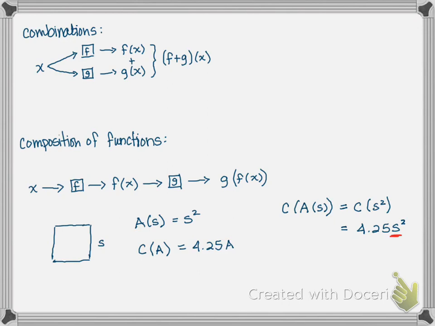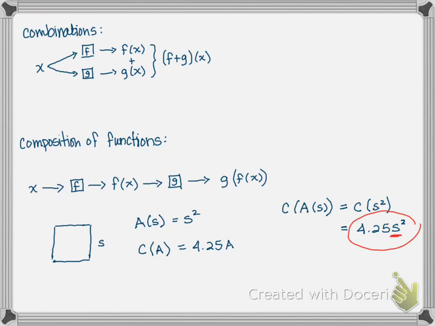So now, instead of measuring the length of the wall, calculating the area from that, and then calculating the cost from the area, I can measure the length of the wall and put it directly into this formula to get the cost in one calculation instead of having to do it repeatedly. Does that make sense?